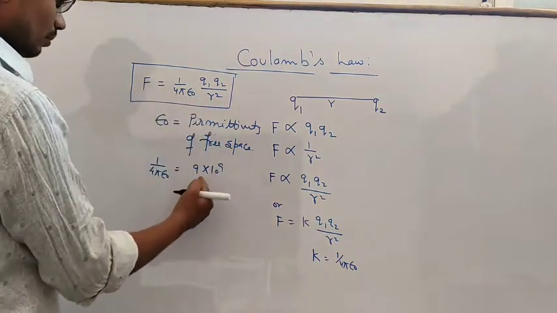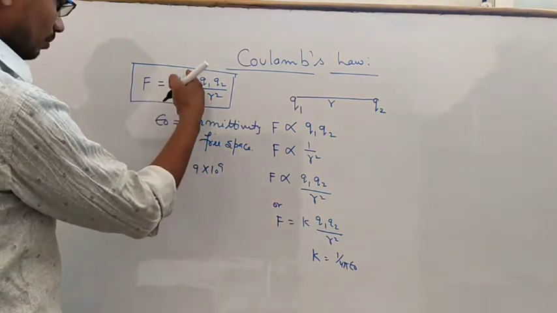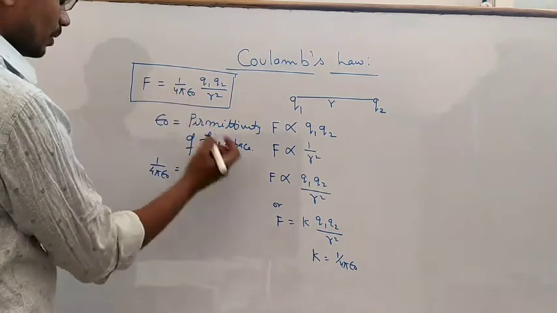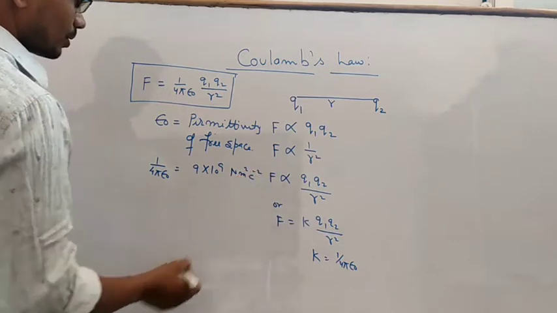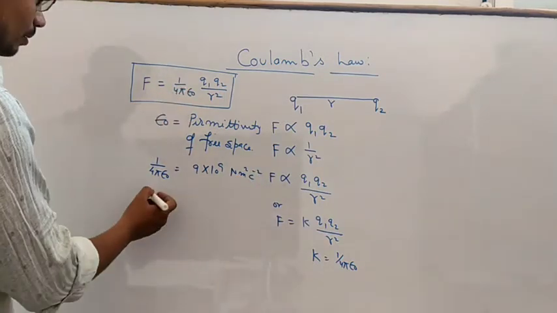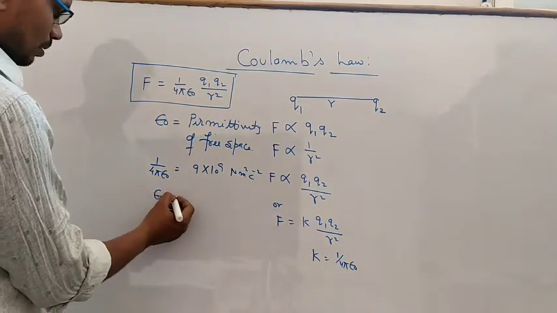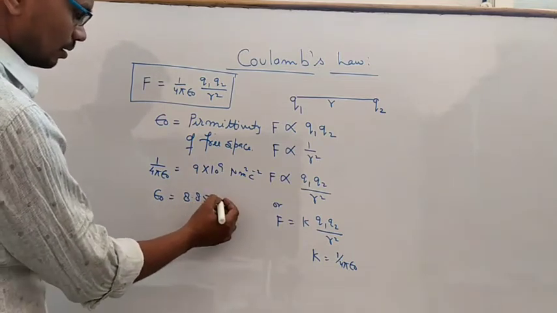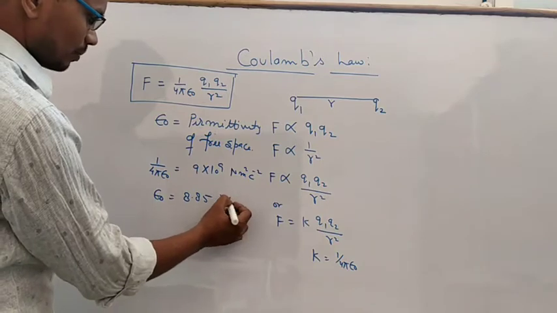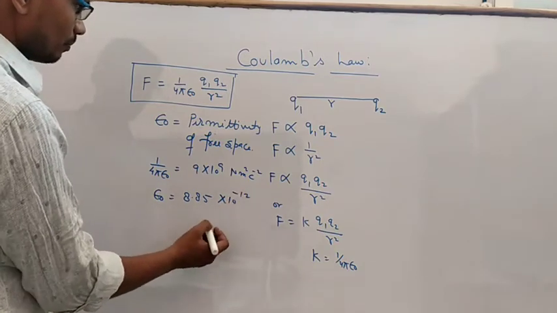If you want to write the unit of 1 upon 4 pi epsilon naught, it is Newton meter square Coulomb power minus 2. And the value of epsilon naught is 8.85 into 10 power minus 12, sometimes written as 9.